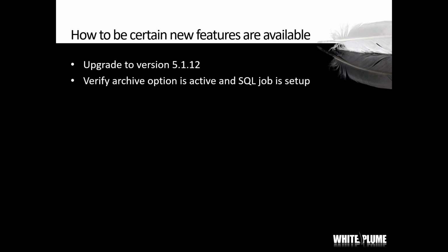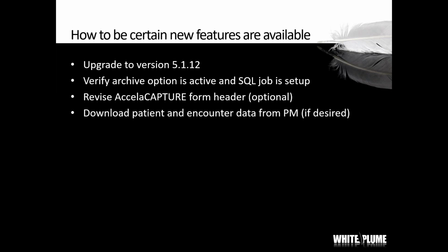The last few things that I'm going to mention here are really more optional things that we do expect clients to be interested in leveraging within the system. For example, displaying information in the Excel capture form header. You may also wish to load historical information for your patients from within your practice management system or some other very reliable source.